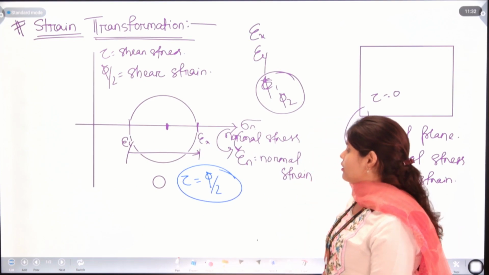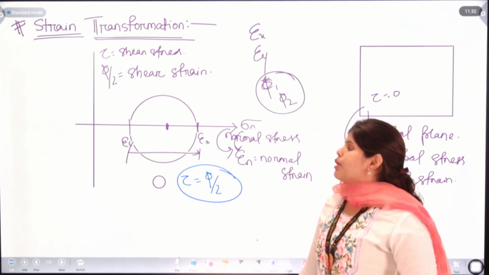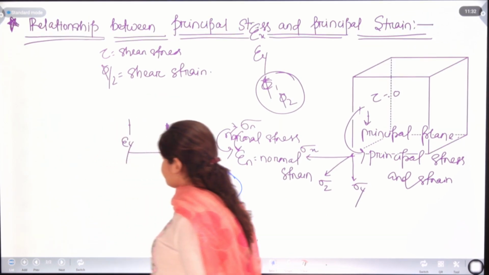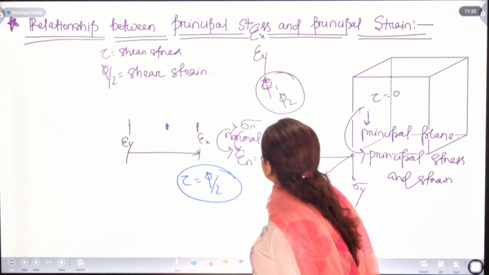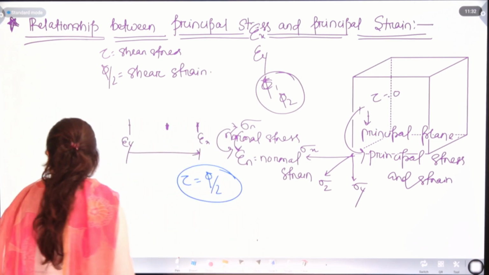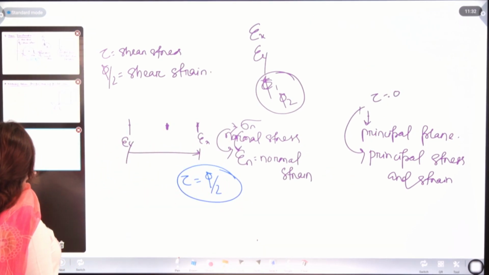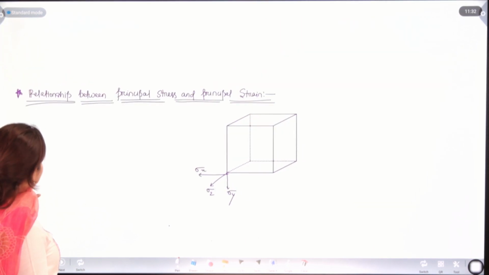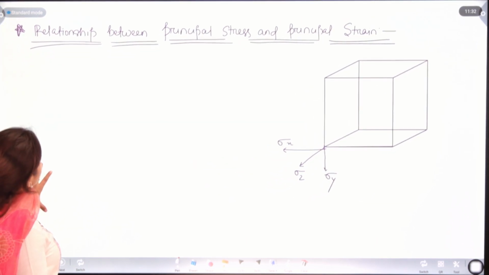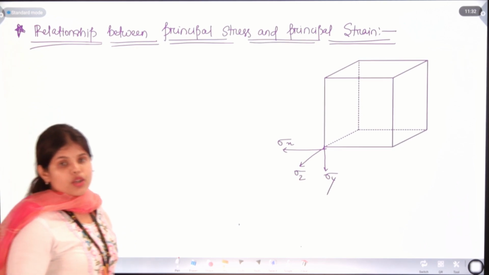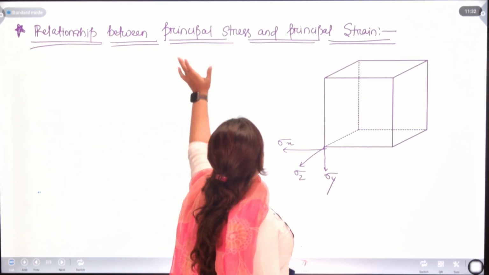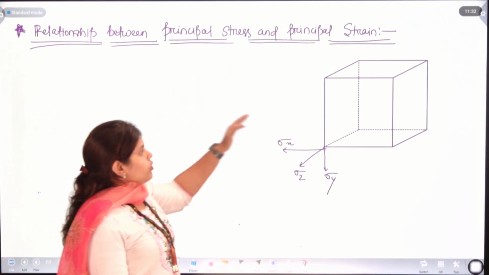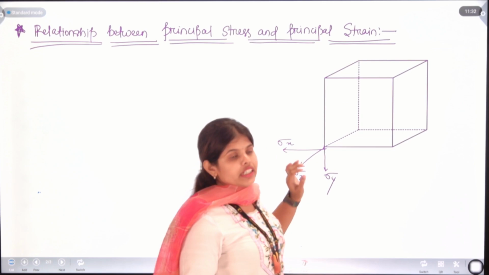Now, what will be the relationship between principal stress and strain? How to find this relation? To find principal stress and principal strain and their relationship, we will need one 3D plane.